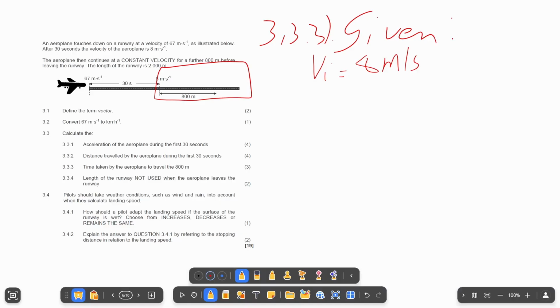Okay, we are given change in x, which is, yes, 800 meters. We were told that in this last stretch, it moves with a constant velocity, which means acceleration is 0 meters per second squared.